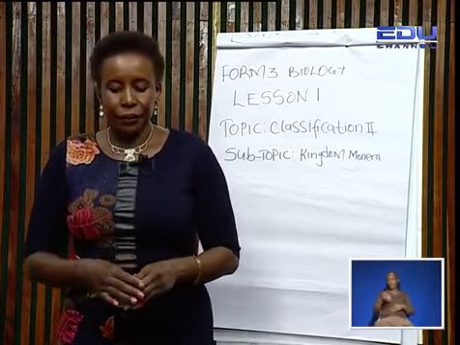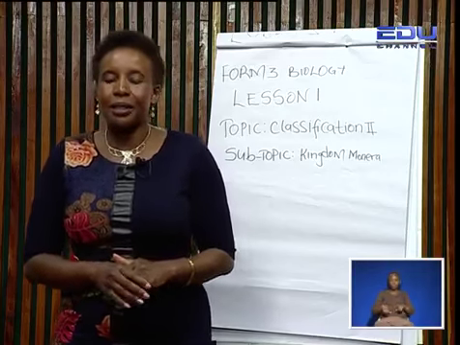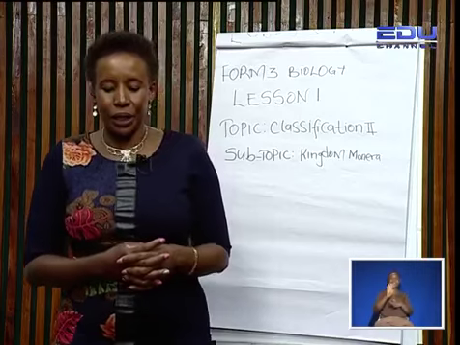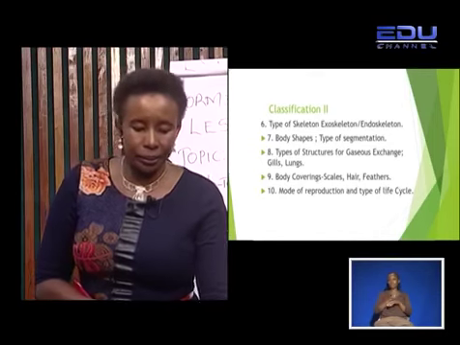The other feature that can be used to classify living organisms is the structures of gaseous exchange. Some of them use gills like fish, others use lungs like man, others use skins like frogs, others use the lining of the buccal cavity, again like frogs.